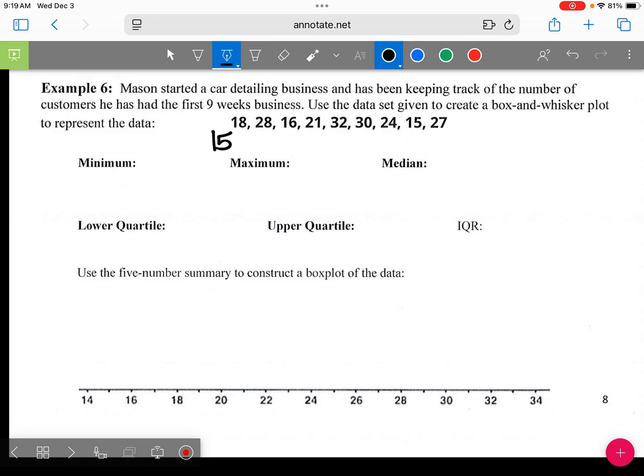And you should have 9 numbers after you put it in order. So after you put them in order, make sure you count to make sure you still have 9 numbers.